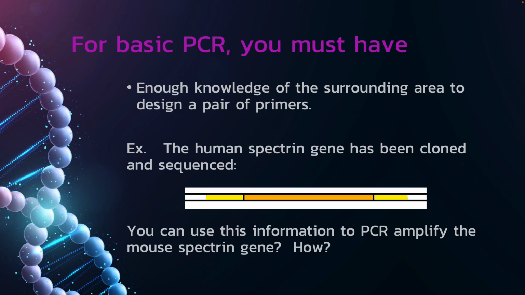Is the mouse sequence going to be identical to the human sequence? Maybe. Maybe it's that highly conserved. But maybe not. Maybe there are going to be some base pair differences in that region between humans and mice.